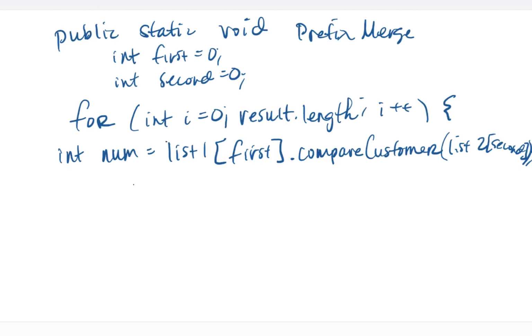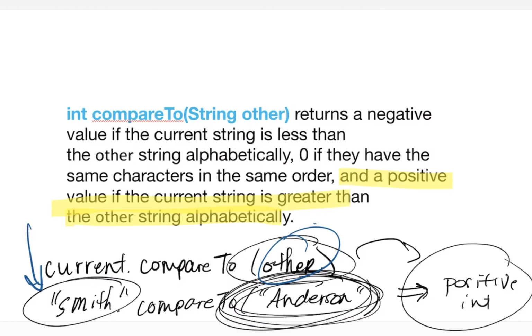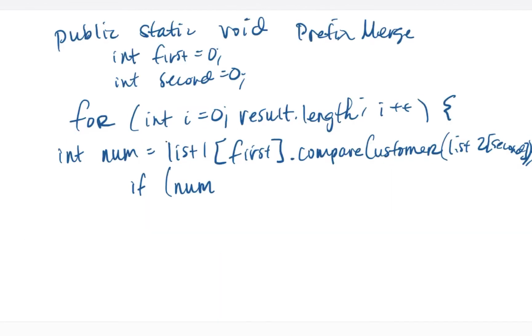Now, if num is a positive value, which we saw with the Smith and Anderson example, remember, if the current object came after the other object, it returned a positive integer. So if num is a positive integer, what do we want to see happen?